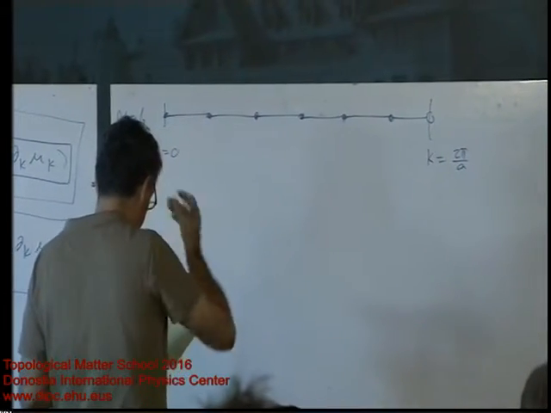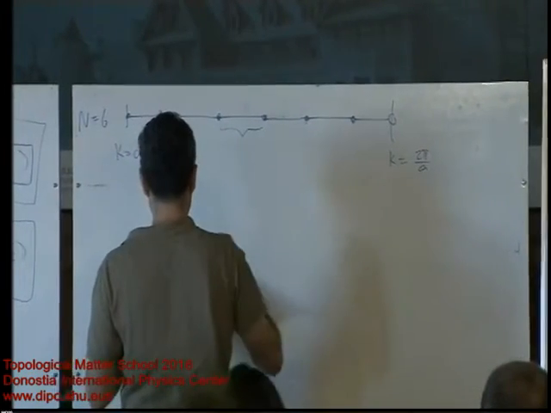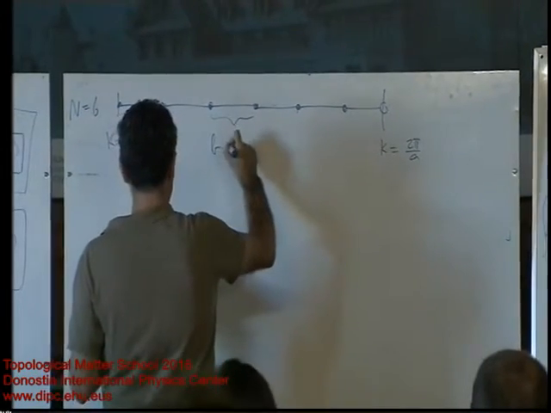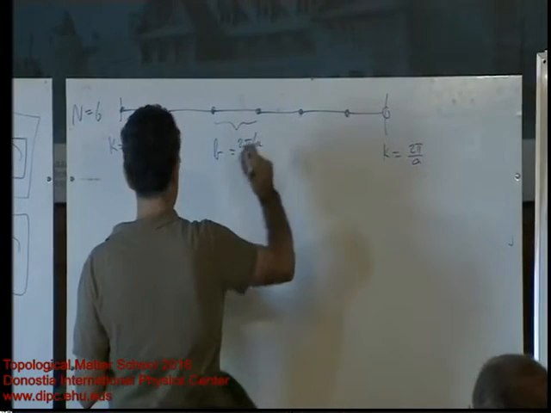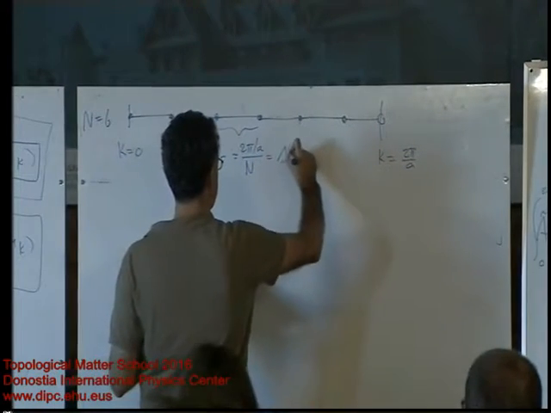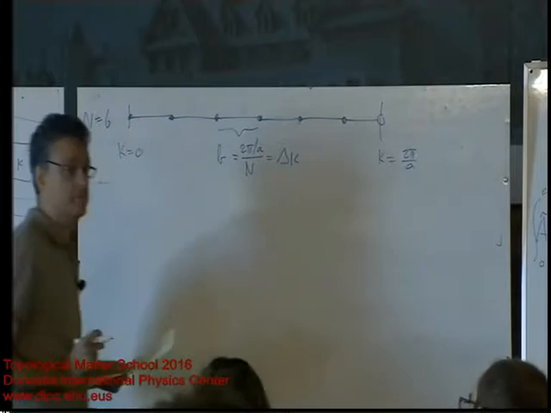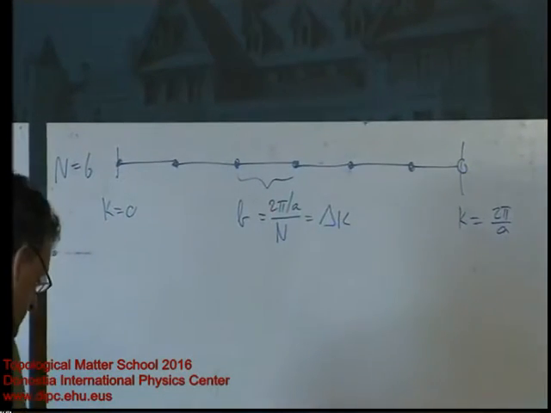And let me define b as 2 pi over a, which is the length of the Brillouin zone divided by the number of segments. So that's the spacing delta k. So b and delta k are the same thing, but let me use both terms.